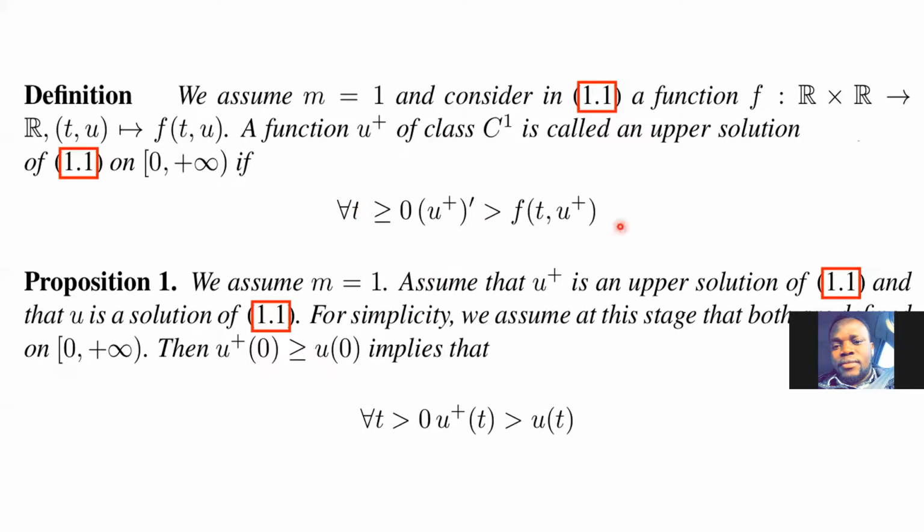So if you have that, and if the initial condition for my u plus is greater than the initial condition for the real solution of the ODE with the equal, then the upper solution will remain greater than the solution. Okay.